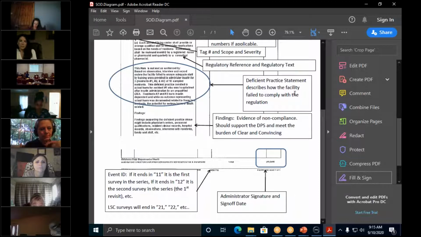What we do look for is a signature block for the administrator if that POC comes in unsigned. If the administrator sent it and they have a signature block from the facility that identifies who they are, many times we accept it because we don't have time to mess around with it.